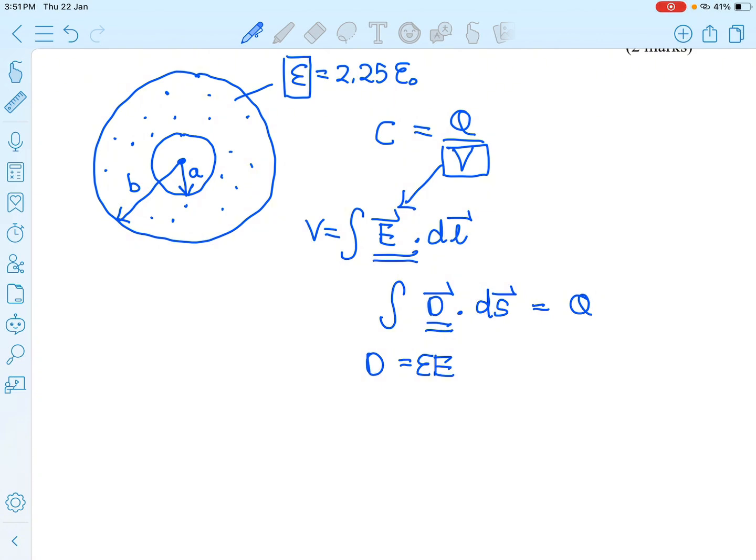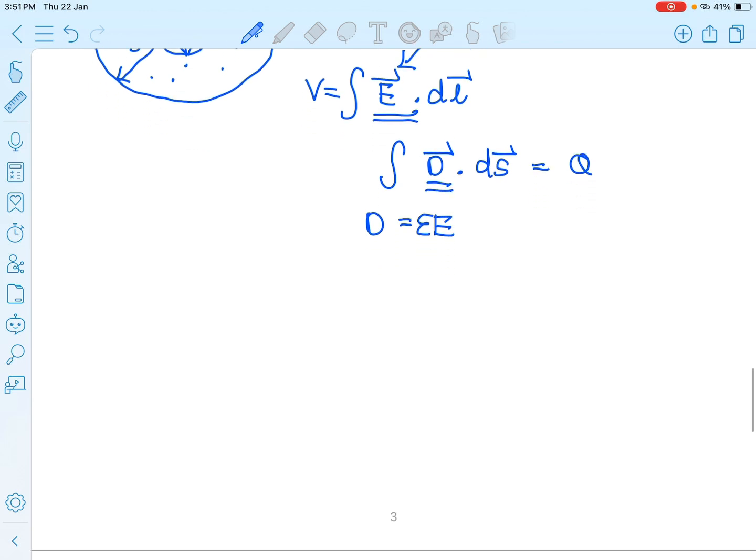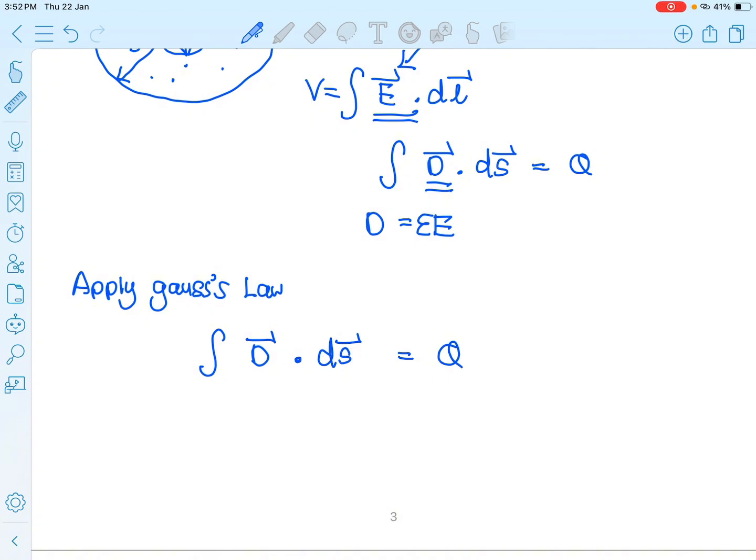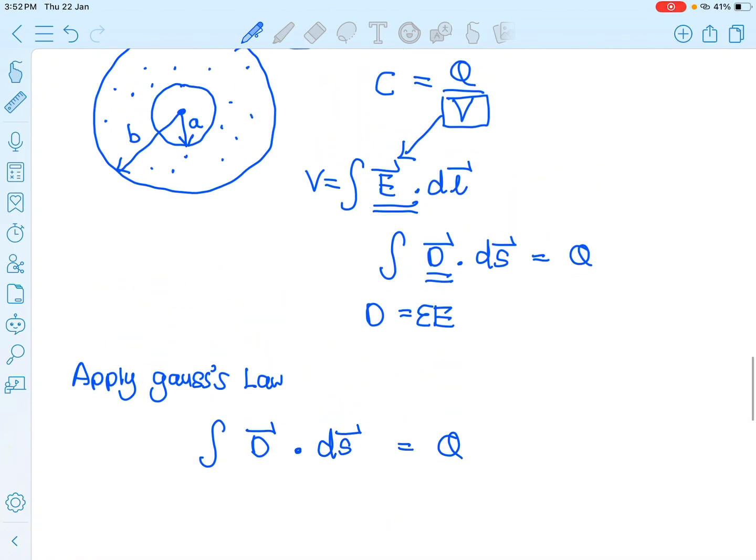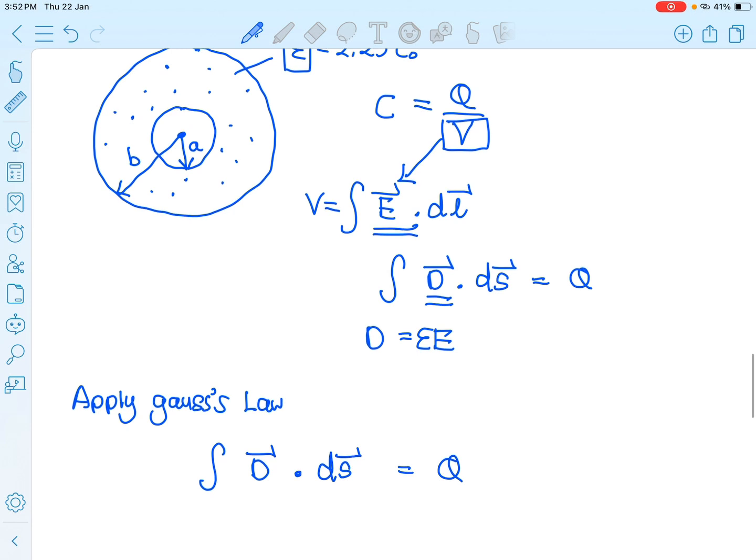The first thing would be applying Gauss law. Gauss law says that the total flux coming out from the Gaussian surface will be equal to the total charge enclosed by the Gaussian surface. Look at this case.